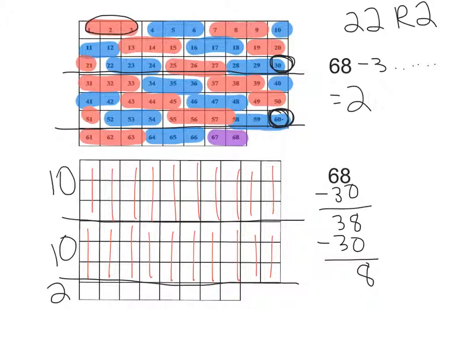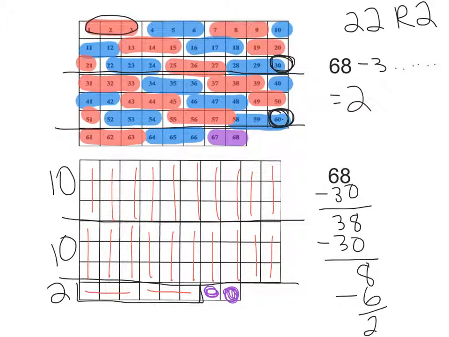So I'm looking for 2 groups of 3. 1 and 2. If I take those away, that means I have these 2 as a remainder. So I have subtracted 6 and I have 2 left over.